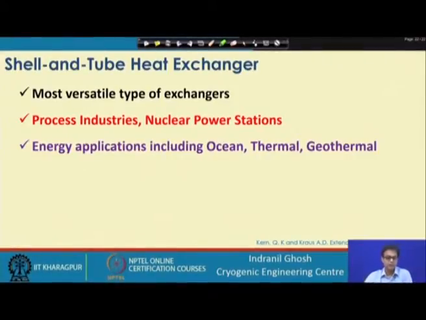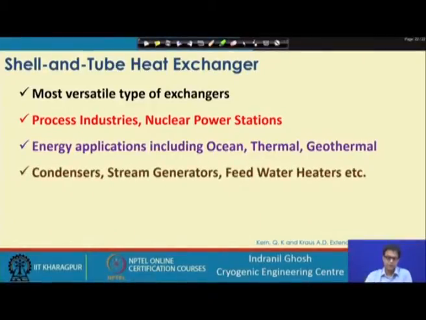They can also find applications including in geothermal or in ocean or in many thermal applications, particularly whenever we are using heat exchangers that need occasional cleaning. These are some of the heat exchangers where we typically use the shell and tube type heat exchangers, as I told you: condensers, steam generators and feed water heaters.